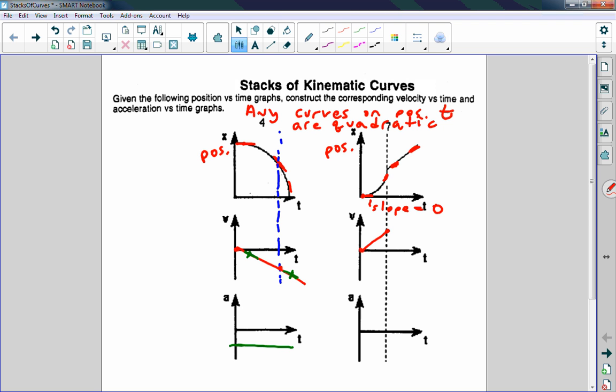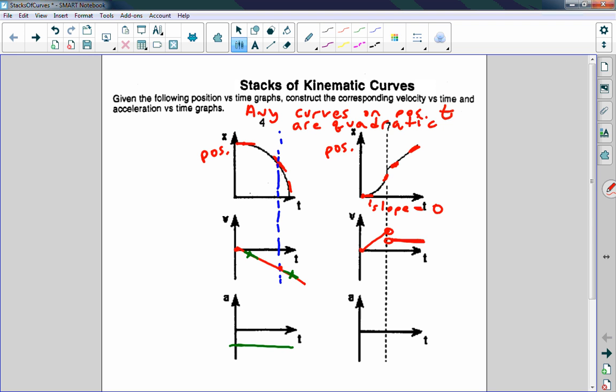So then I'm going to have a discontinuity. Maybe your math teacher would have put an open circle or something here. I'm not going to be too picky about that, but I'm going to draw some other lower velocity that is not changing. This is supposed to be a flat line here.